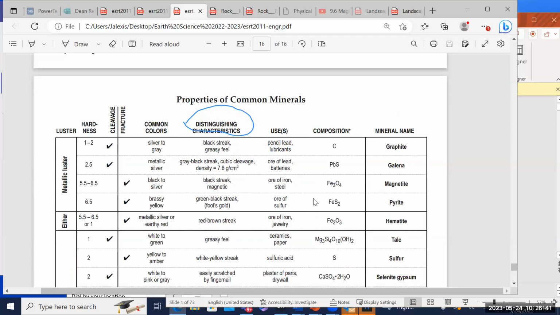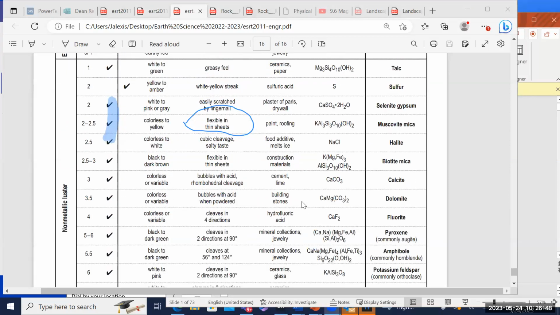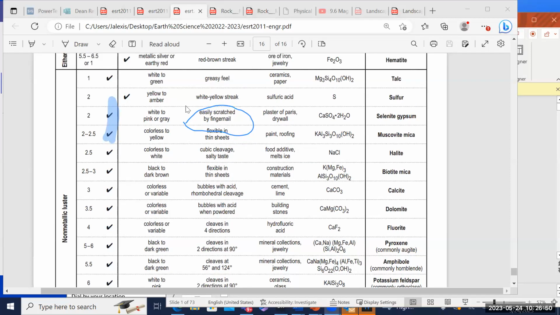It says it right here. They both have cleavage, but I see flexible and thin sheets, so nothing about cleavage planes at right angles.